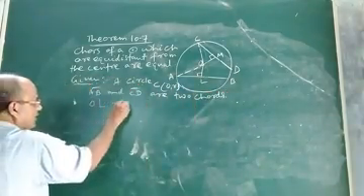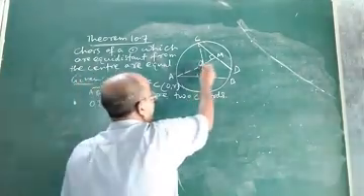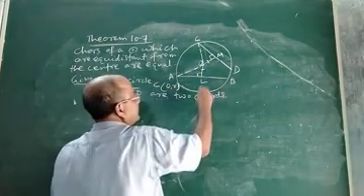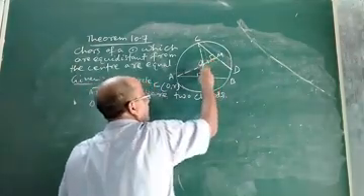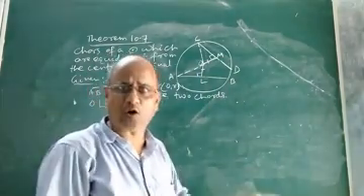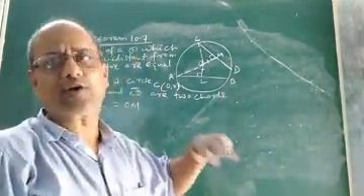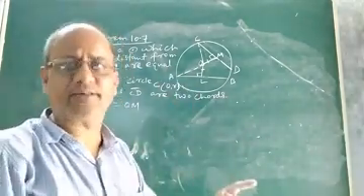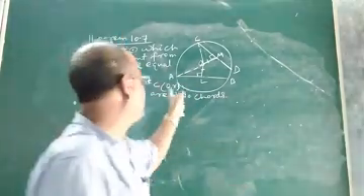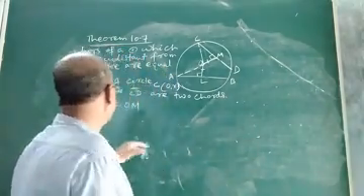You are given OL equal to OM. You see, this distance is equal to this distance. That means the distance of the two chords from the center is the same, so the two chords are equidistant from the center. How will we prove that the lengths of the two chords will be the same? Okay, let us prove it.